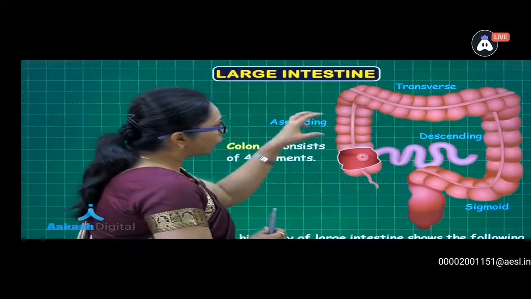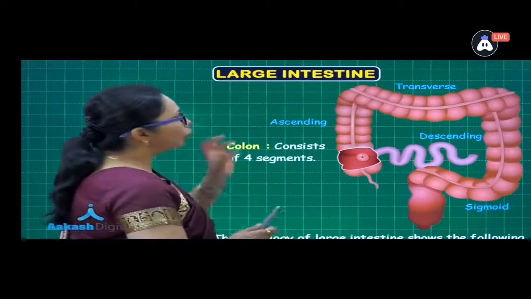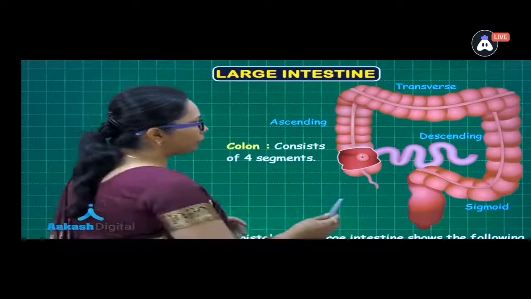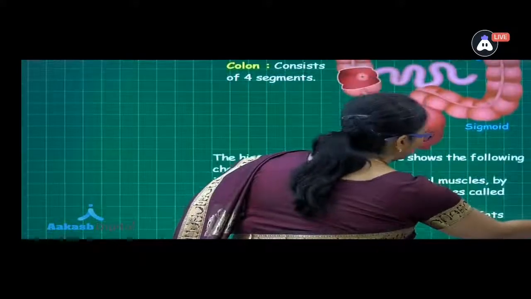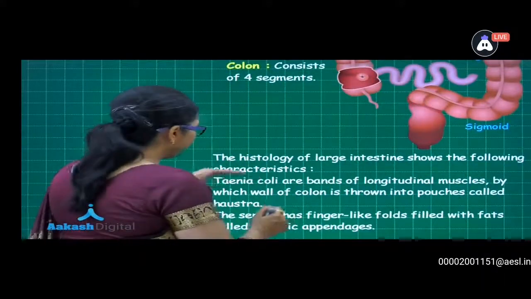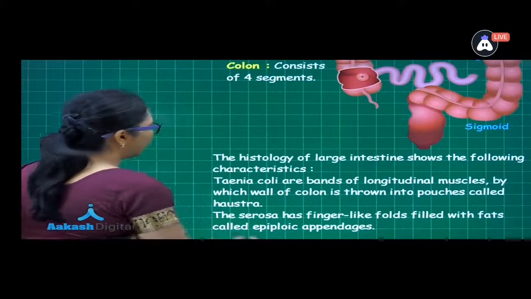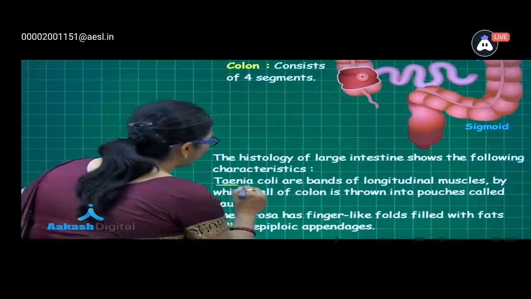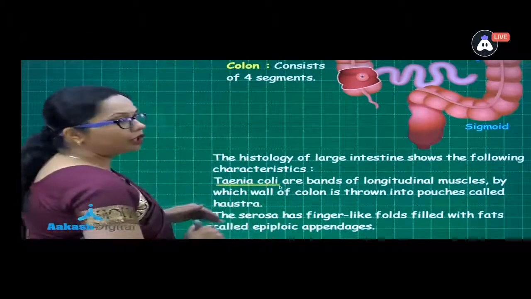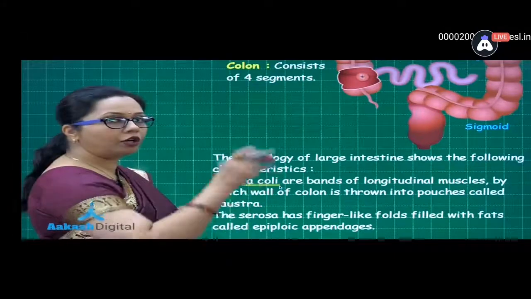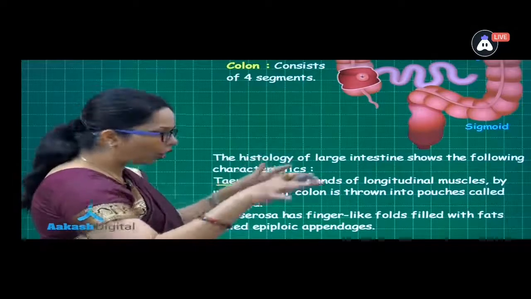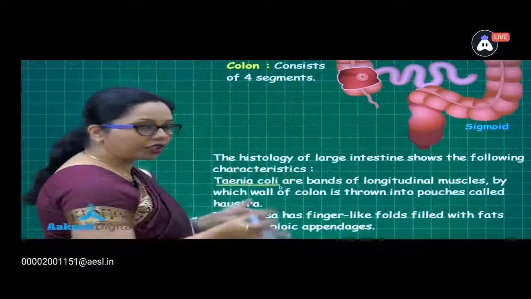Now the histology of the colon shows some very special features. We can just mention them, and these are Taenia coli. Now Taenia coli are bands of longitudinal muscles. Now we had seen in the muscularis, there are longitudinal muscles all along the entire circumference.